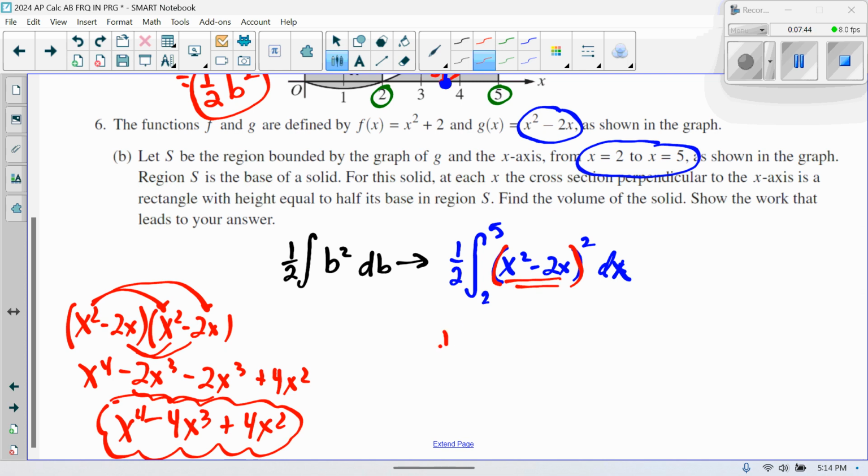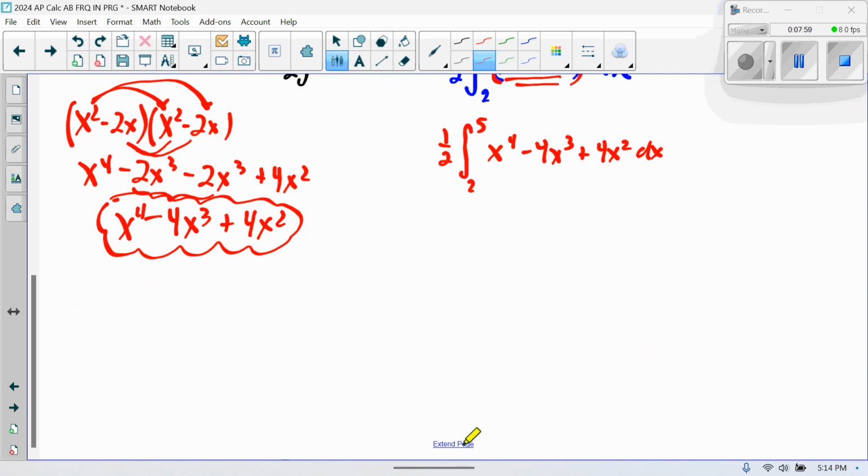So I still got my 1/2. I'm still going from 2 to 5 of x to the 4th minus 4x cubed plus 4x squared dx. Let's integrate. We have x to the 5th over 5 minus, that's going to be negative 4x to the 4th over 4.